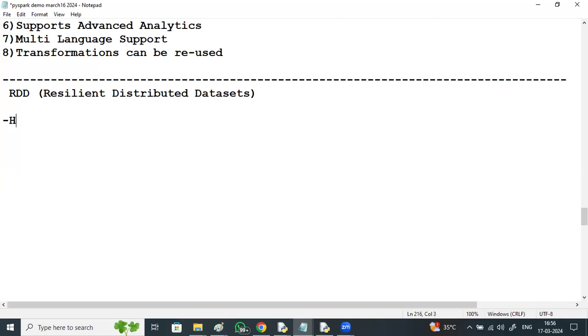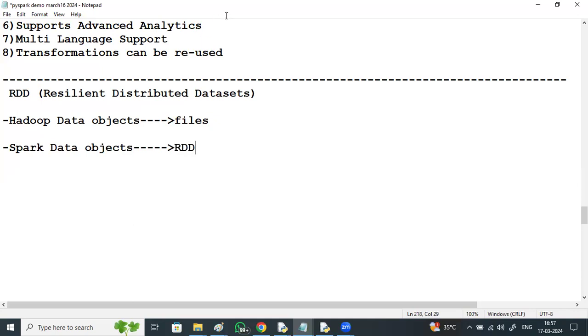See, Hadoop data objects are files. Spark data objects. So in Hadoop, data is stored in the form of files; Spark data objects are RDDs.